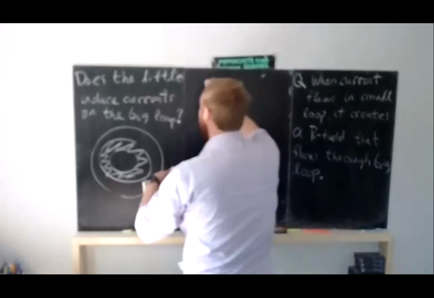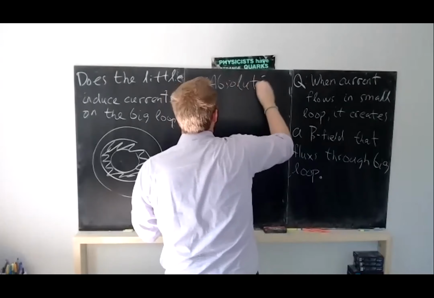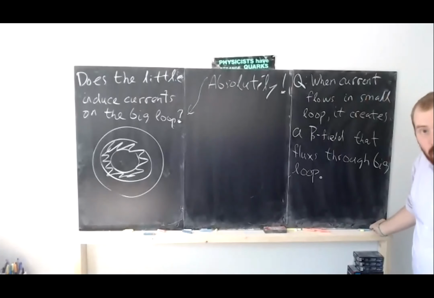So the answer to this question is absolutely. That's absolutely important, right? As I take current through one, inducing the other, that one's going to induce back on the predecessor and back and forth.